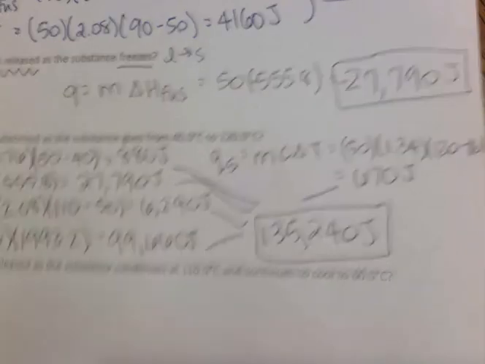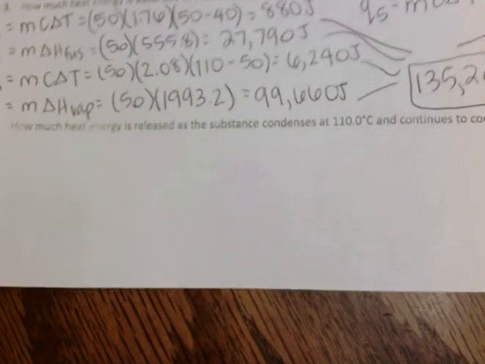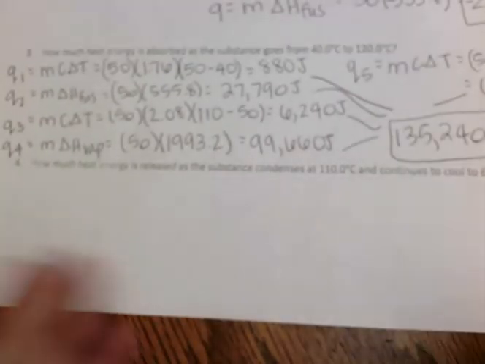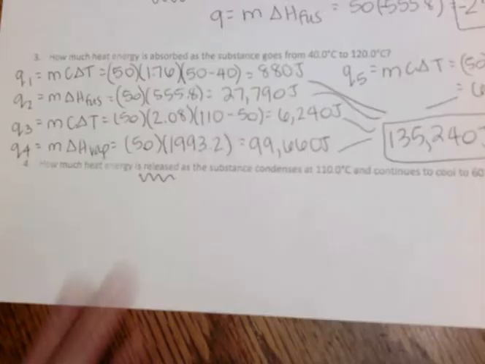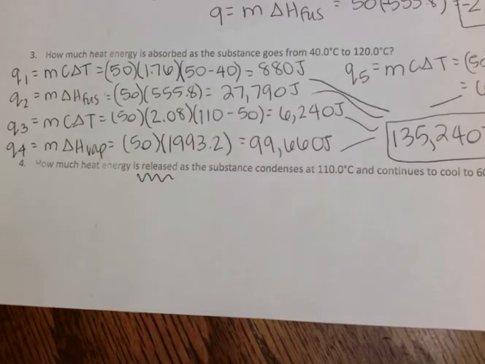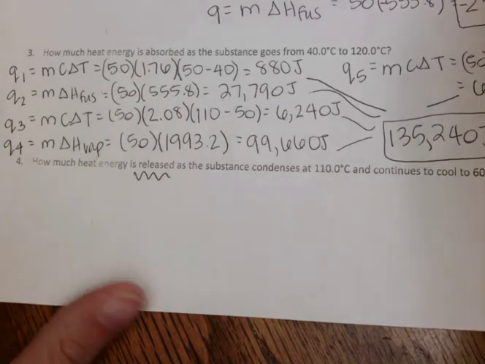The last question is not that long, right? That was the longest one, doing 5 Qs. The last question has us do how much energy is released, there's another big hint word right there, as the substance condenses at 110 degrees and continues to cool to 60 degrees.